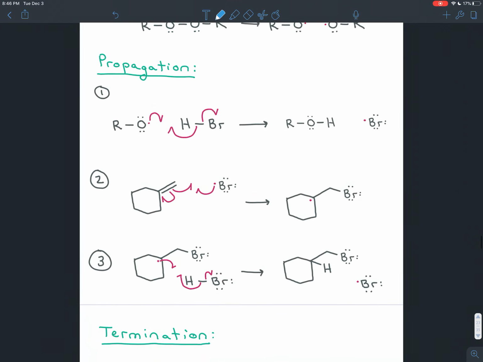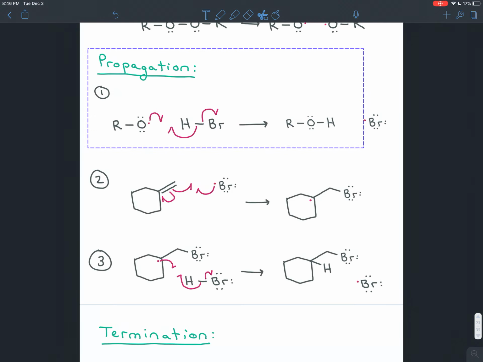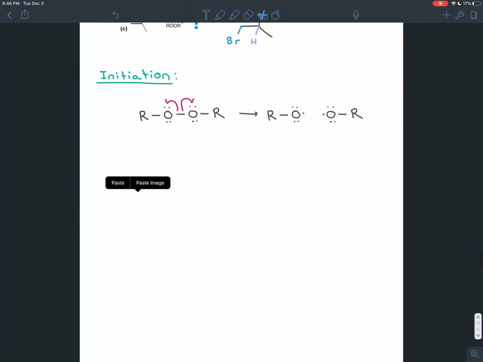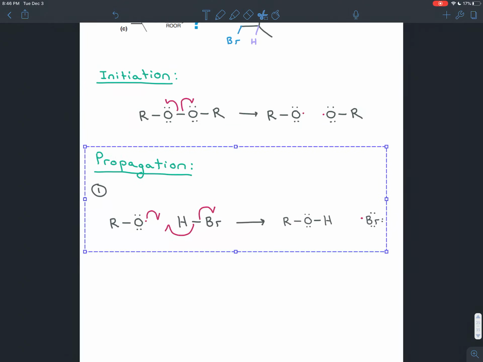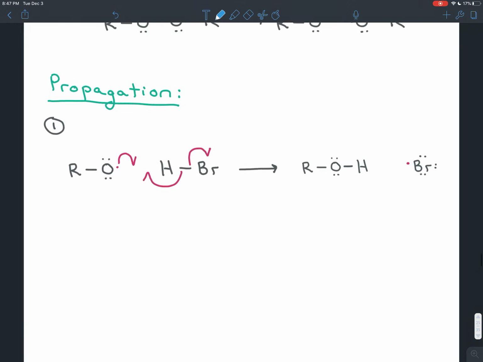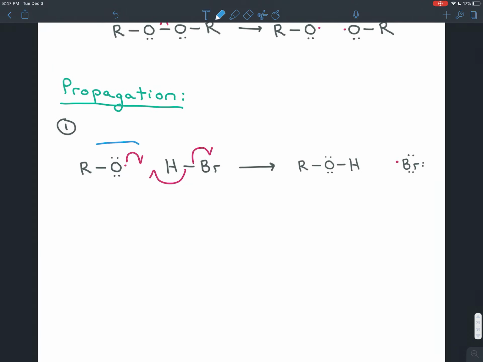Now that you have your radicals, you can start the story of the radical reaction. That happens in the middle. The middle is the propagation step. And the propagation of this radical addition of HBr to an alkene has three parts. In the first part, the oxygen radical that we made from the peroxide always steals, or abstracts, a hydrogen from HBr.